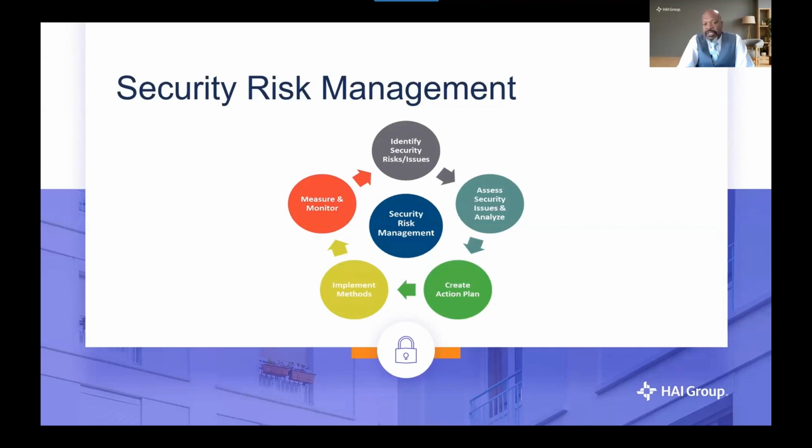So we will identify security risk issues. Once we've figured out what they are, we assess the security issue, analyze it, and from there we create an action plan to deal with it. Then we take that action plan as a fourth step and implement whatever method we would use to address the risk or security exposure. And then we measure and monitor.